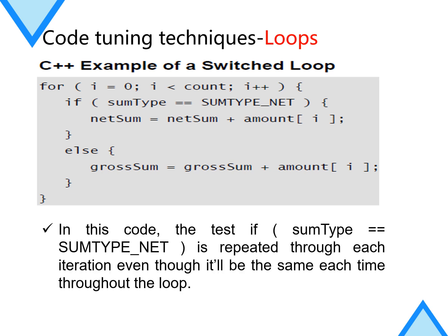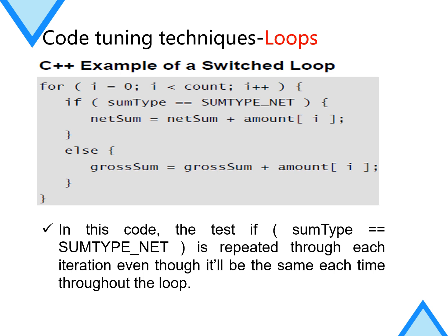This is the explanation. In this code, the test if sumType equals sumType_net is repeated in each iteration, even though it will be the same each time throughout the loop. So this condition is not changing during the lifetime of the loop. It's unnecessary to execute this condition with every iteration.